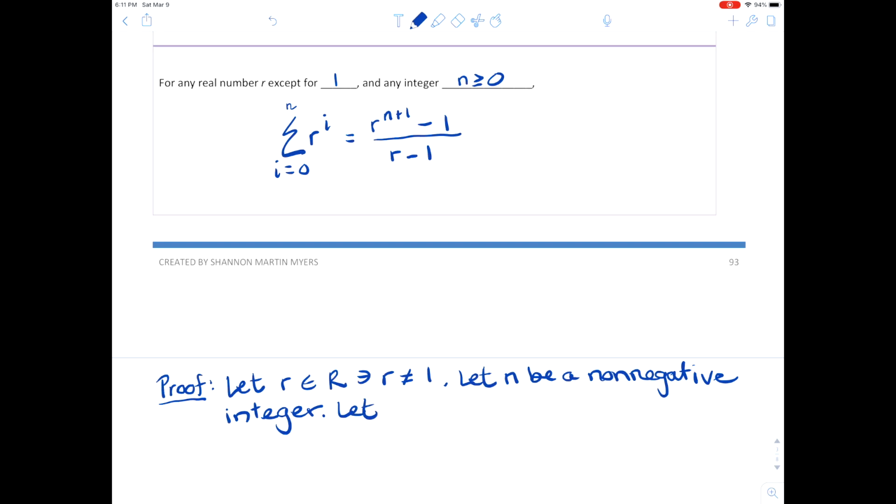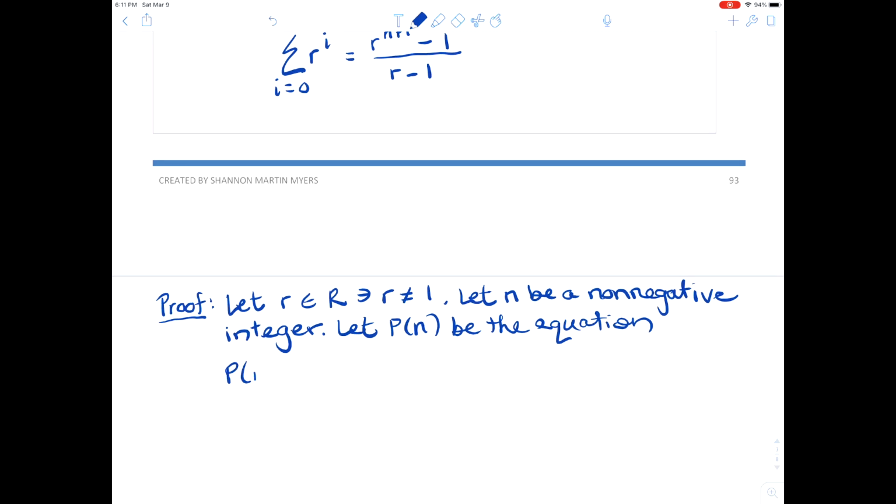And we're going to let P at n be the equation: the summation from i equals 0 to n of r to the i is equal to r to the n plus 1 minus 1 all over r minus 1. Groovy? All right, so now what do we do first?